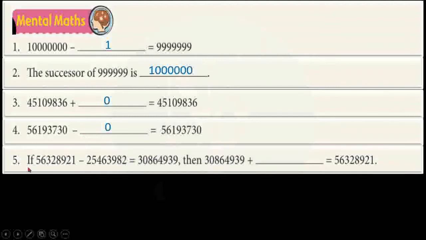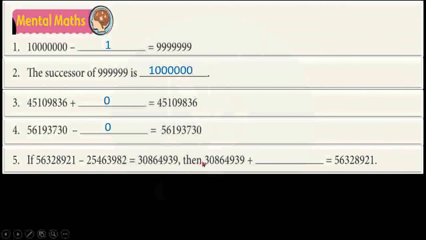Question number 5. Look at this number. So this is 5 crore 63 lakh 28,921 minus 2 crore 54 lakh 63,982 is equal to 3 crore 8 lakh 64,939.